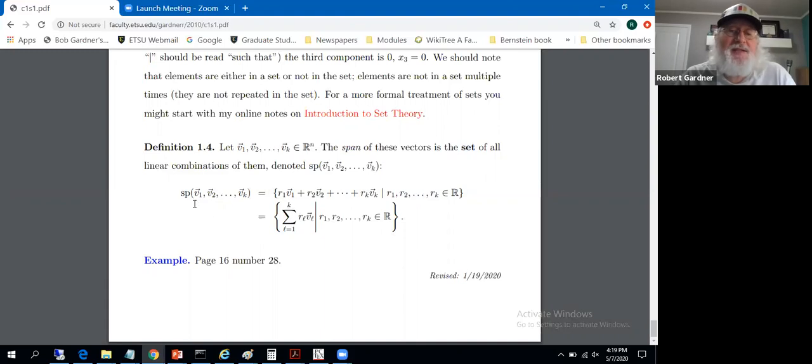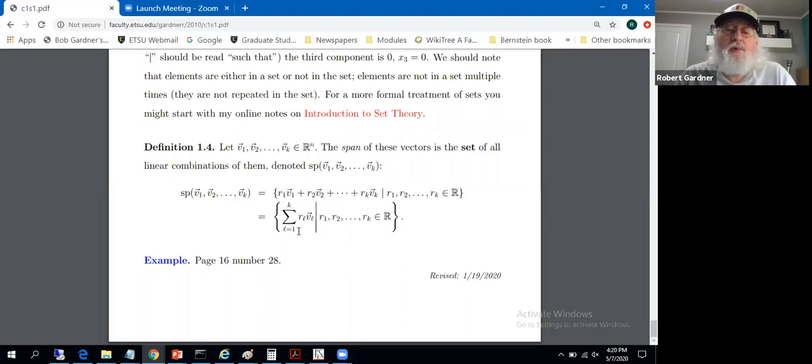So as a set, the span of those vectors is all linear combinations. Linear combinations look like this: all R1 V1 plus R2 V2 up through R sub k V sub k, where the R's can be any real number. If you like summation notation, we can write it like this. There's your such that symbol right there, sized to match the set brackets.